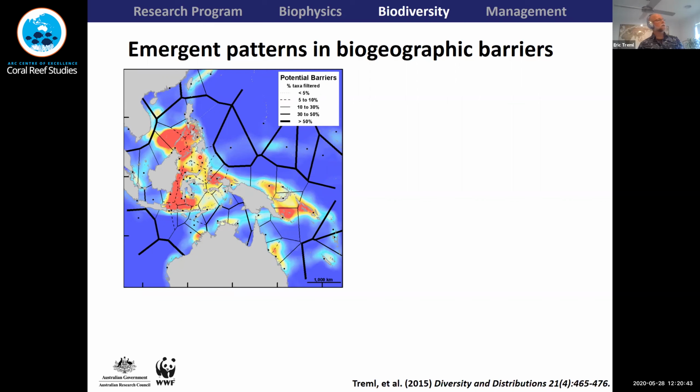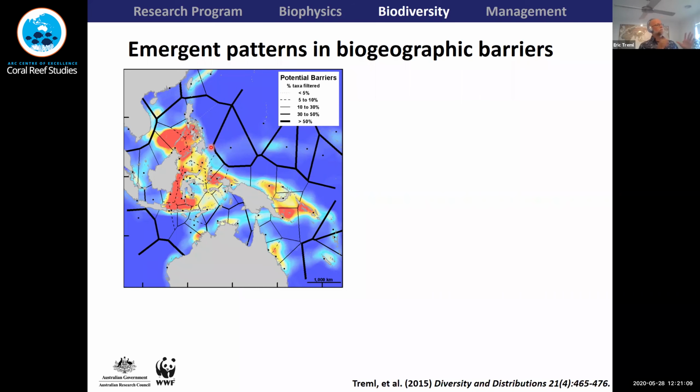So the lines that you see on this figure represent the proportion of taxa that could not make it between sites. So these deep heavy lines, as you would suspect, crossing into Micronesia or to Palau from the Philippines, most species cannot make that dispersal event based on their life histories or the physics.